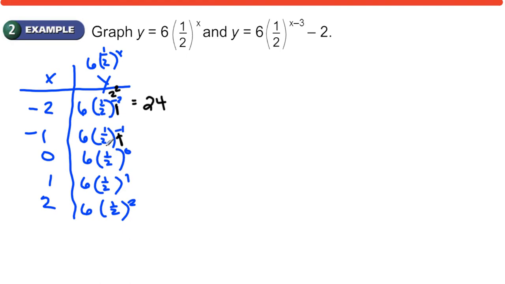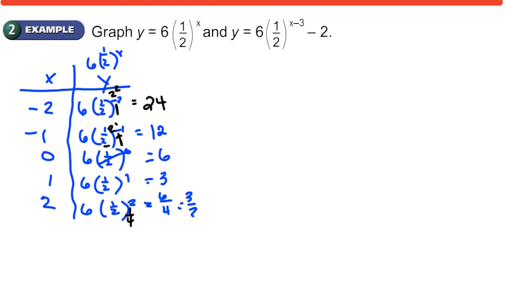This tells us to flip it, so this becomes 2 to the first, so 6 times 2 is 12. 1/2 to the 0 is just 1, so 1 times 6 is 6. 6 times 1/2 to the 1, 1/2 to the 1 is just 1/2, so 6 times 1/2 is 3. 1/2 squared is the same as 1 over 4, and that's not going to be a pretty answer. It's going to be 6 over 4, which is the same as 3 over 2.